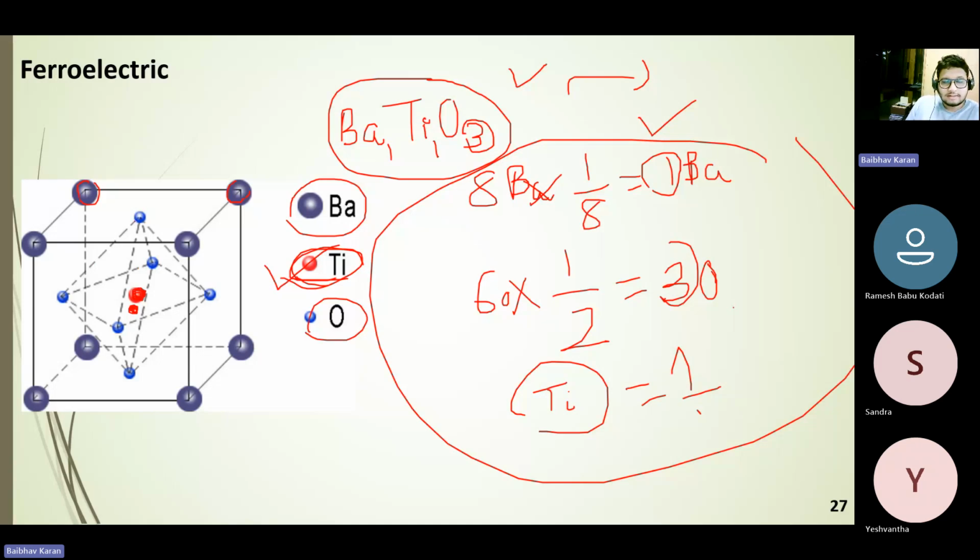Then you may think this is a face-centered cubic, but you see atoms are present at the face centers, as well as another atom present at the center of the unit cell. Another point to note here is that when we define the crystal structure, BCC, FCC, or any other, how do we define it?